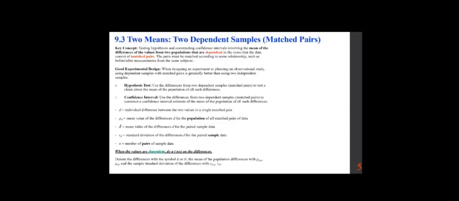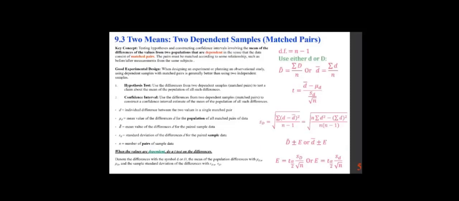So the mean of the population differences is mu sub d, and the sample standard deviation is s sub d, each one is fine. And the degrees of freedom is the same thing, n minus 1.